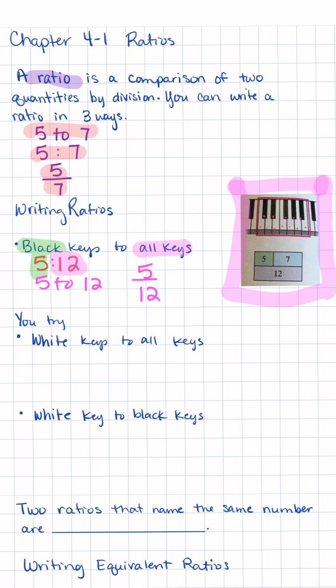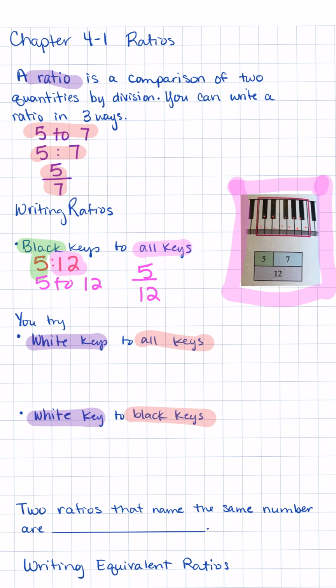So using this same picture, you try it. You're going to first do the white keys to all the keys, and then you're going to do the white keys compared to the black keys. Press pause, figure this out, come back to me when you're done.